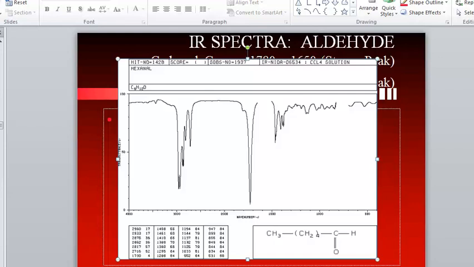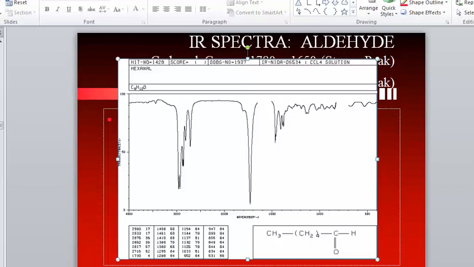Now I've got to figure out what type of carbonyl it is. Well, I only know aldehyde. So is this an aldehyde, yes or no? Well, I know that aldehydes happen at around 2800 and 2700. So here's 3000, there's 2900, there's 2800. I come up from 2800, and sure enough, I see a peak that's present.